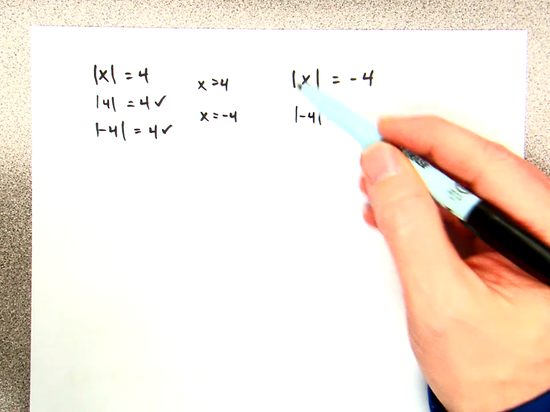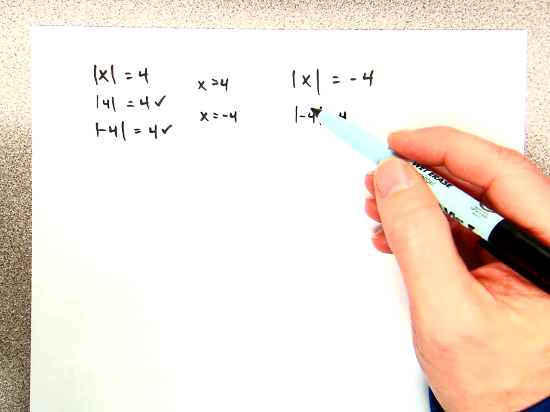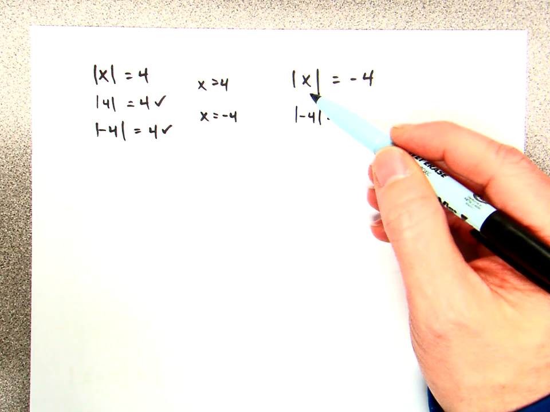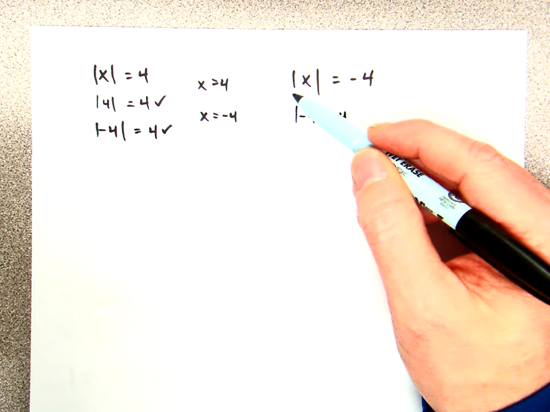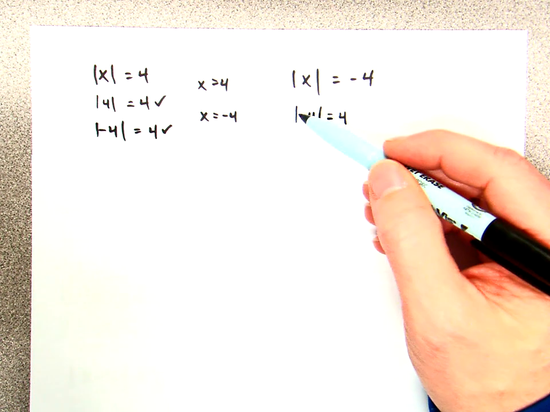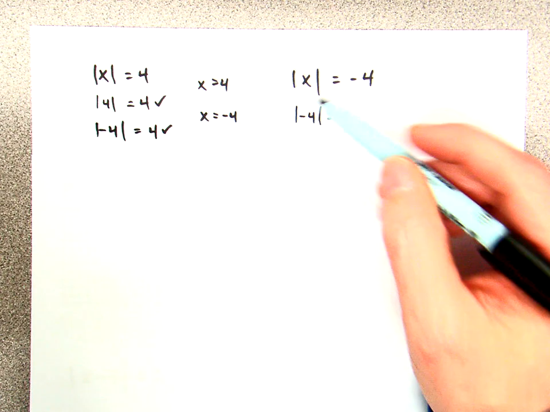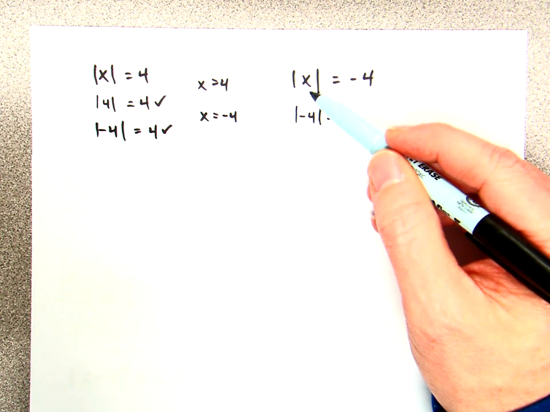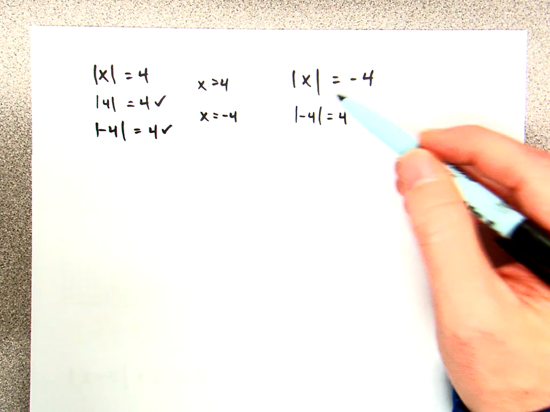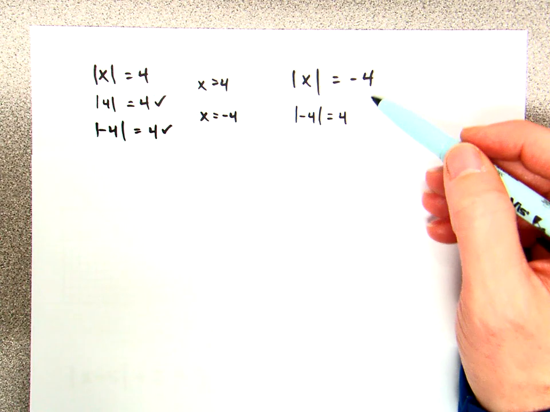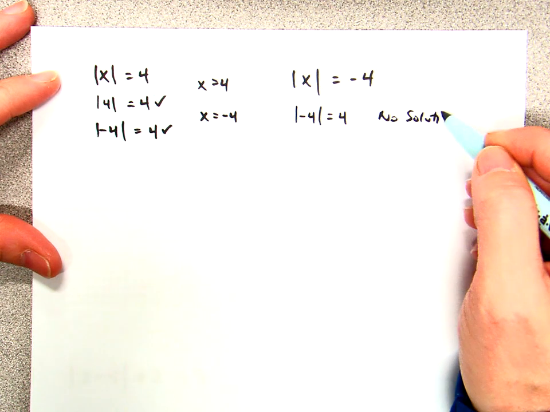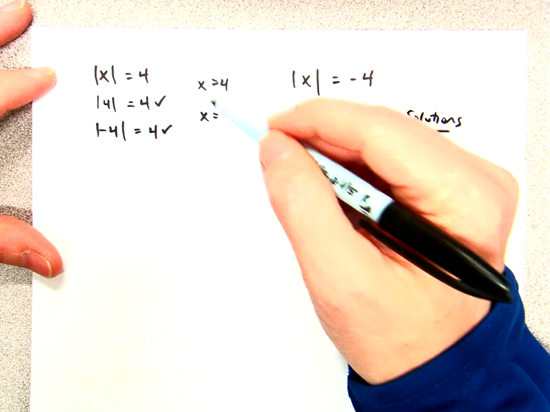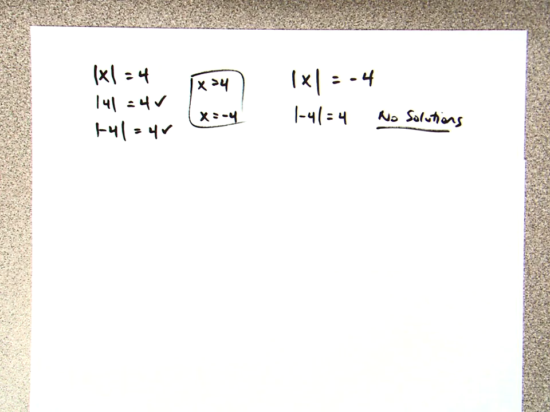If I selected whatever x I wanted, the smallest possible outcome I could get is 0, because the absolute value of 0 is 0. But once I go with negative numbers, it's going to turn them upward to positive. So there's not going to be any way for me to select an x that produces a negative output. So this one actually has no solutions, whereas this one had two different solutions.